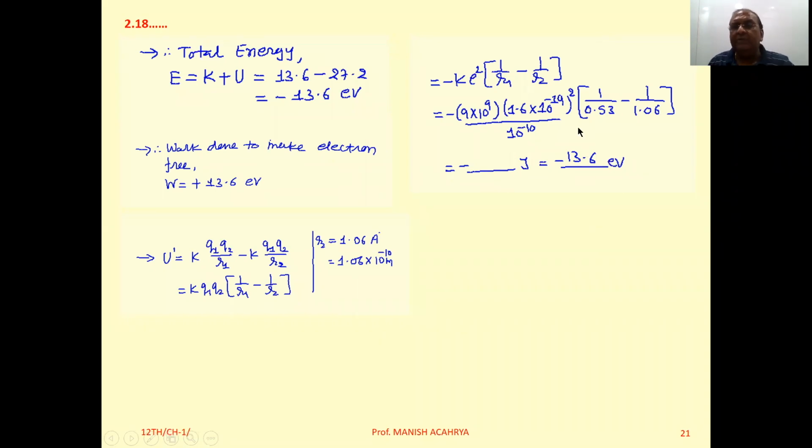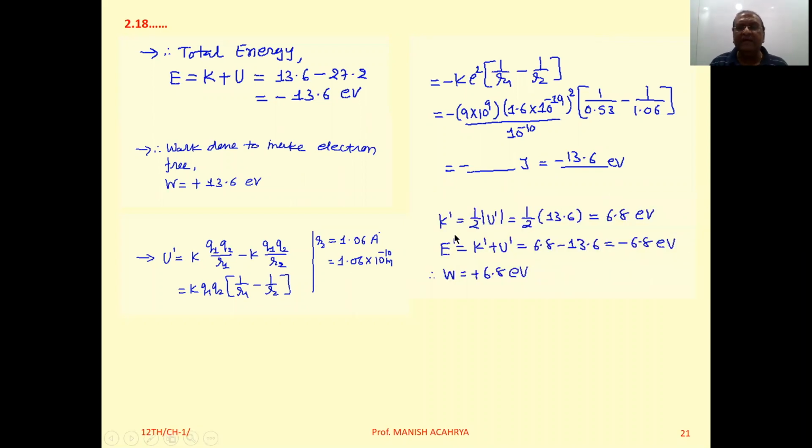Now potential energy is minus 13.6 electron volt. Kinetic energy will be half of this one. So kinetic energy is half of the magnitude of potential energy. So half into 13.6 is 6.8 electron volt.